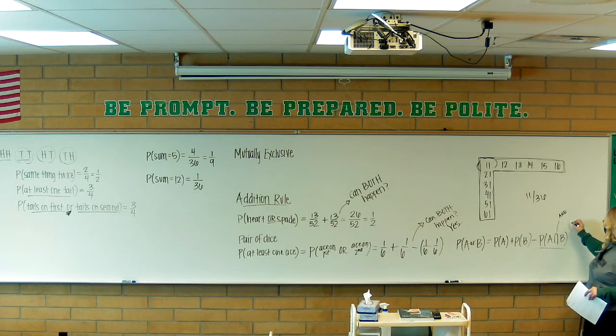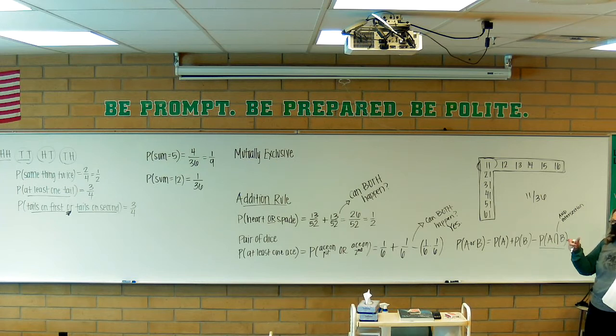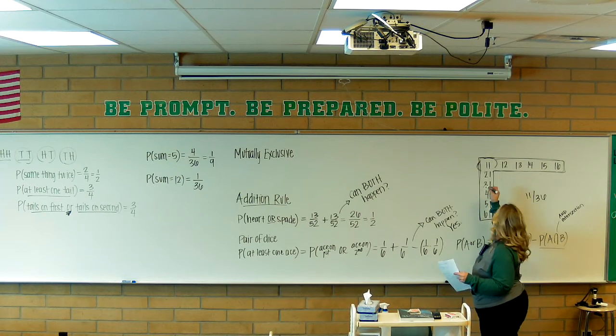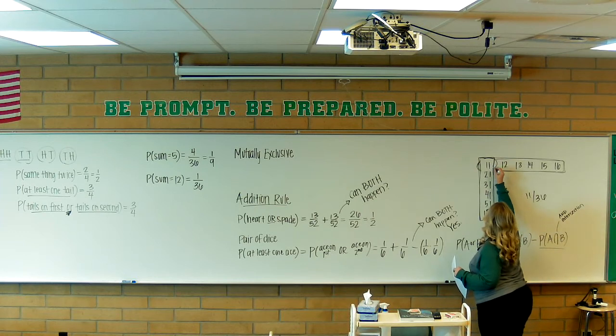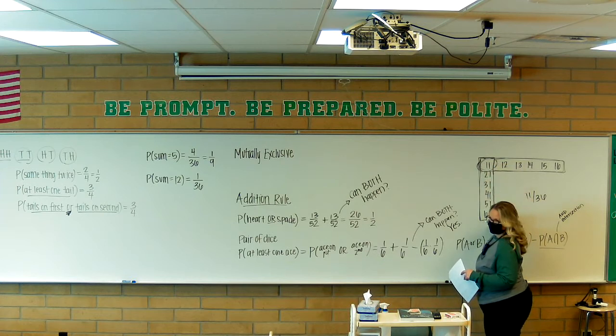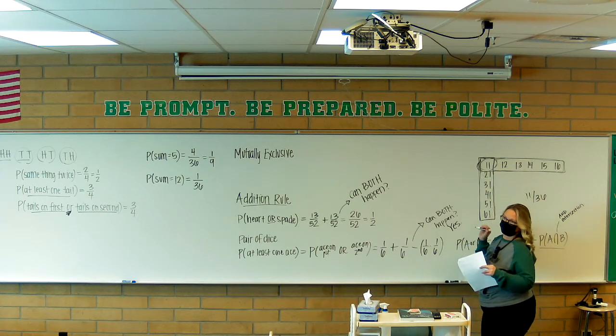Technically in math, this is the word intersection. It's where event A and event B intersect, which you could actually see, this event intersects this event right there. We're literally just getting rid of that overlap.